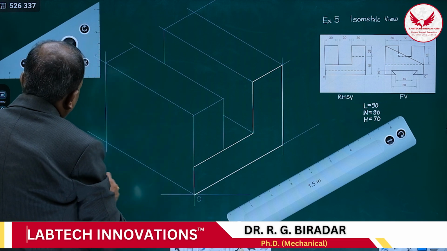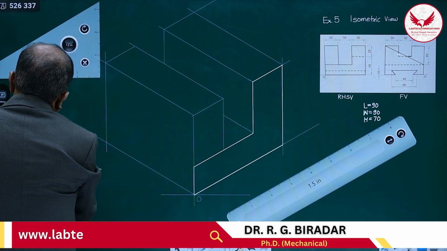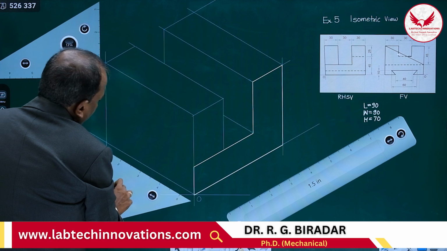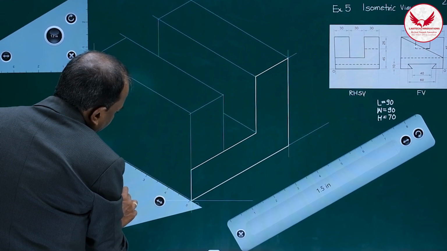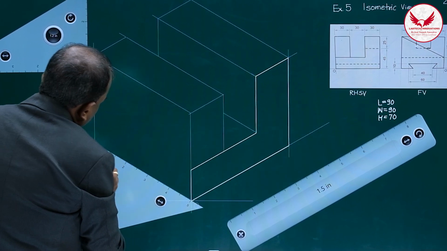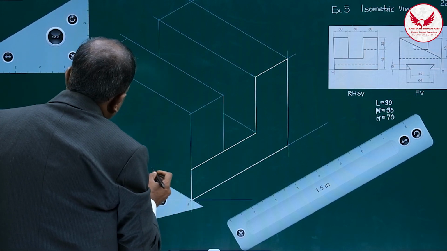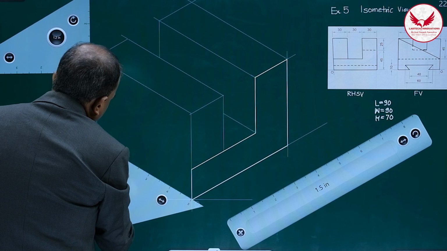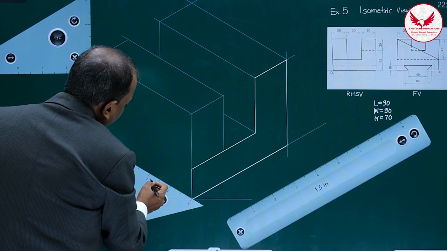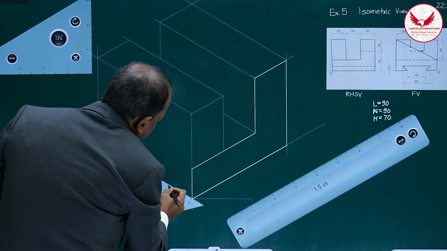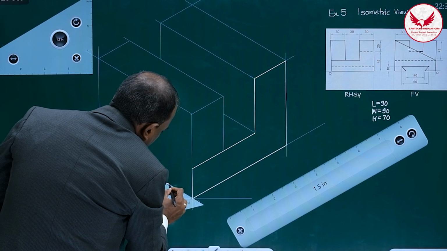So how can we mark? Here, by leaving that 40 mm, whatever this 90 is there, we'll assume that it is throughout, but I'll not mark 25 on both sides.